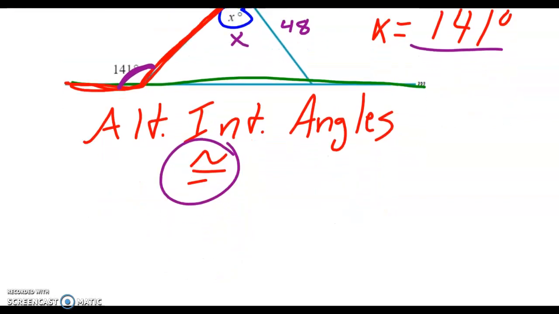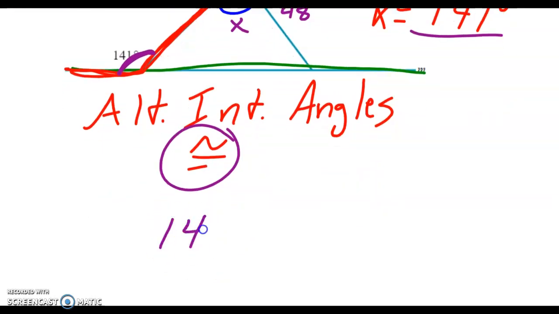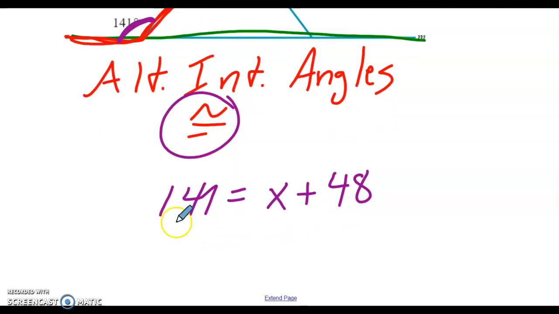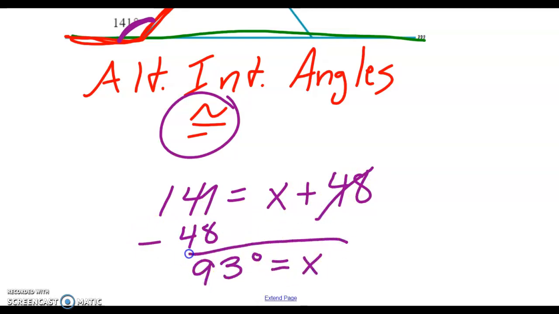So if you want to look at it in the form of an equation, 141 is equal to x plus 48. Or if you just understand the fact that, hey, I have 141, I need to subtract 48, and that's going to get my x, you're going to end up with 93 degrees is equal to x.